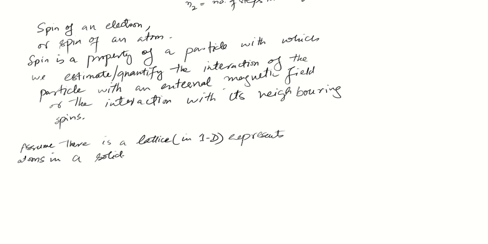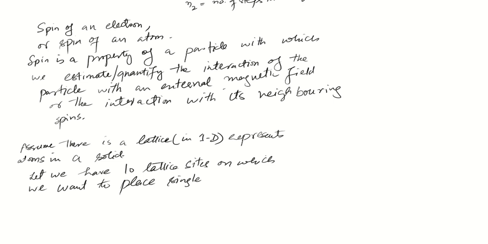Let us say we have 10 lattice sites on which we want to place single spins, single electrons or single atoms. We don't specify what we are placing, but they are actually single spin entities.